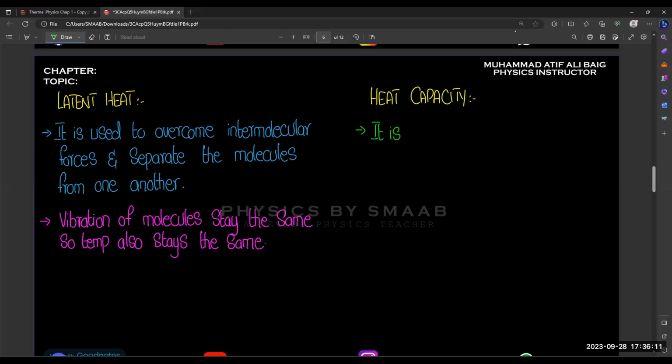Heat capacity is not a material property, because in your formula there is no element that specifies any specific material. It does not rely on a material.